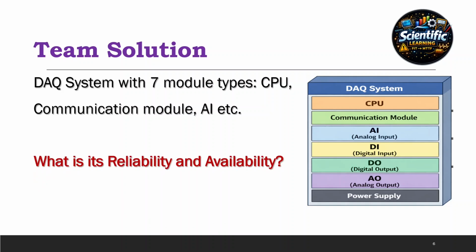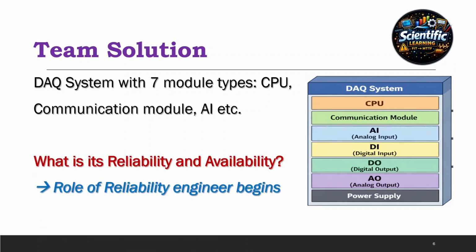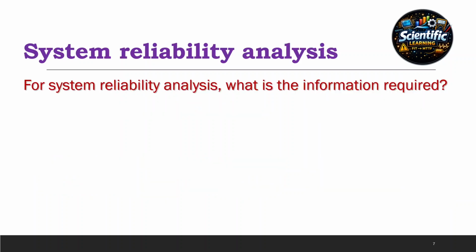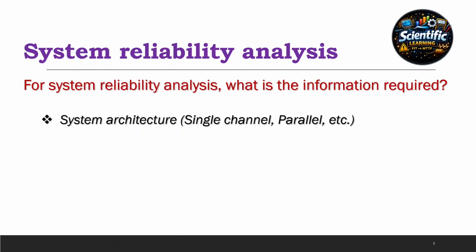Now what about its reliability and availability? This is where the role of the reliability engineer comes in. Let's start with system reliability analysis. For this analysis, what is the information required? Firstly, we need to know the system architecture, whether the system has a single channel or a parallel configuration or any other complex architecture.